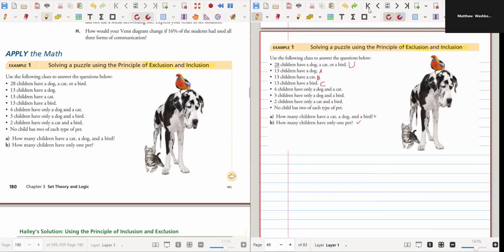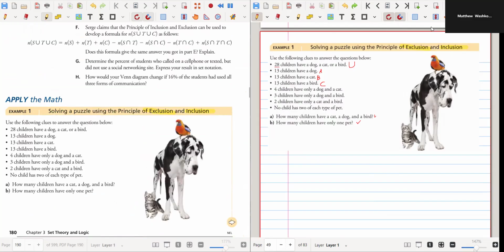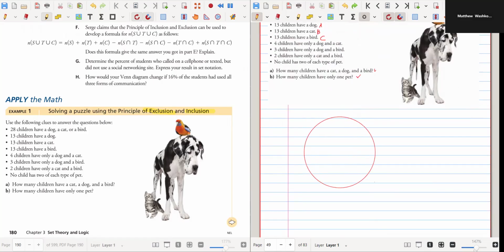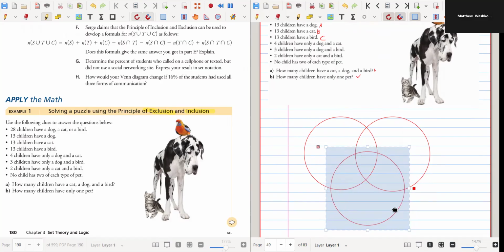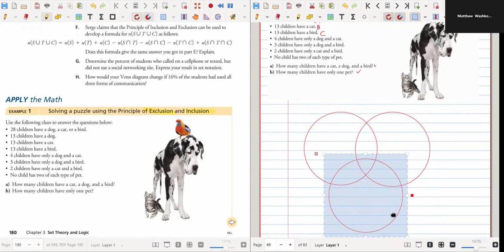So what we're going to do is draw ourselves some Venn diagrams here. So let's start off with this. We have 3 separate things, because then it goes into dog and cat, dog and bird. So we have 3 main categories here. I'm just going to move this a little bit. Yeah, that looks right.